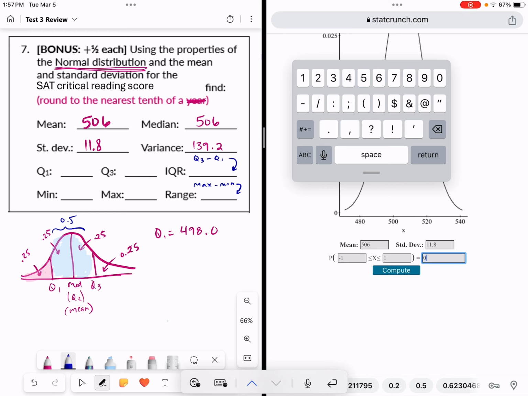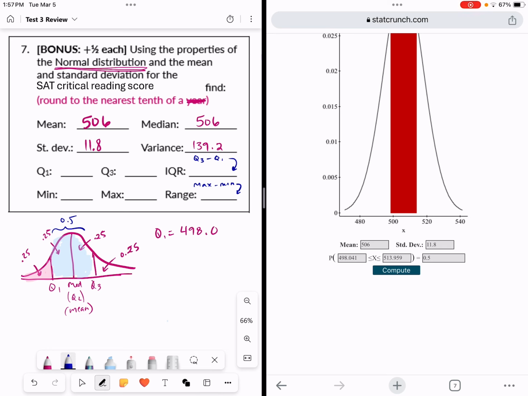And so if I put 0.5 with the same mean and same standard deviation, then notice I still get 498.041, which is what I had for Q1, but I also get the Q3 at the same time. And that one, again, we would round to the nearest tenth, would actually take that up to 514.0.